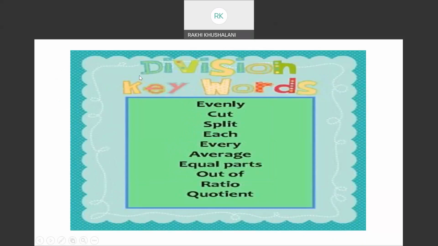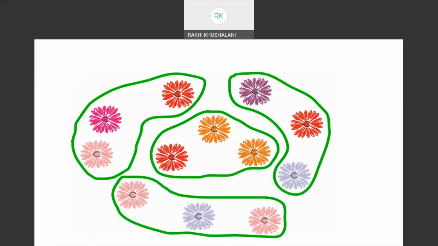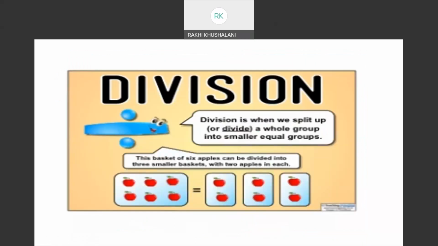So these are the terms that we use. So here, like we have got 12 flowers and I have made 4 groups. So I got 3 flowers in each group. Everyone is equal and everyone is getting 3 flowers with them, immaterial of the color.